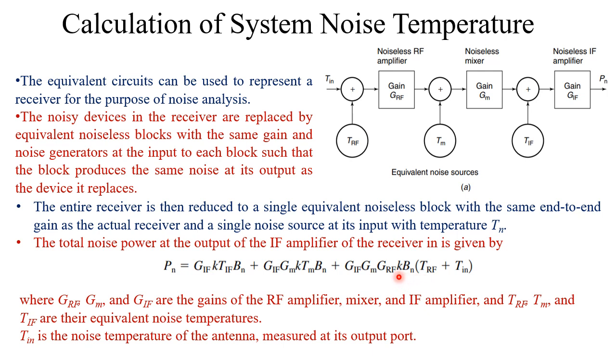So overall noise will be GRF k Bn into (TRF plus Tin), right? That noise is going through both the mixer as well as the IF. So that will be multiplied by Gm and GIF. So this is the total noise contribution. Okay.